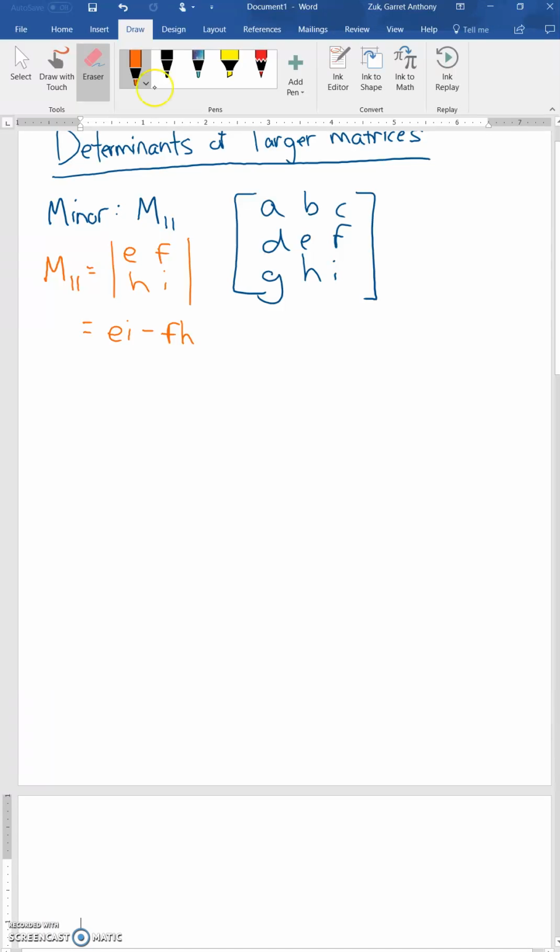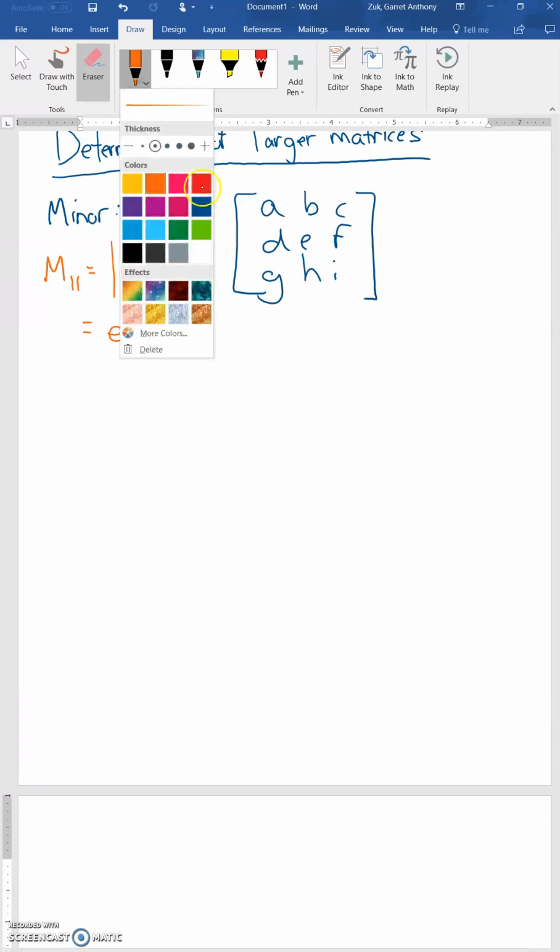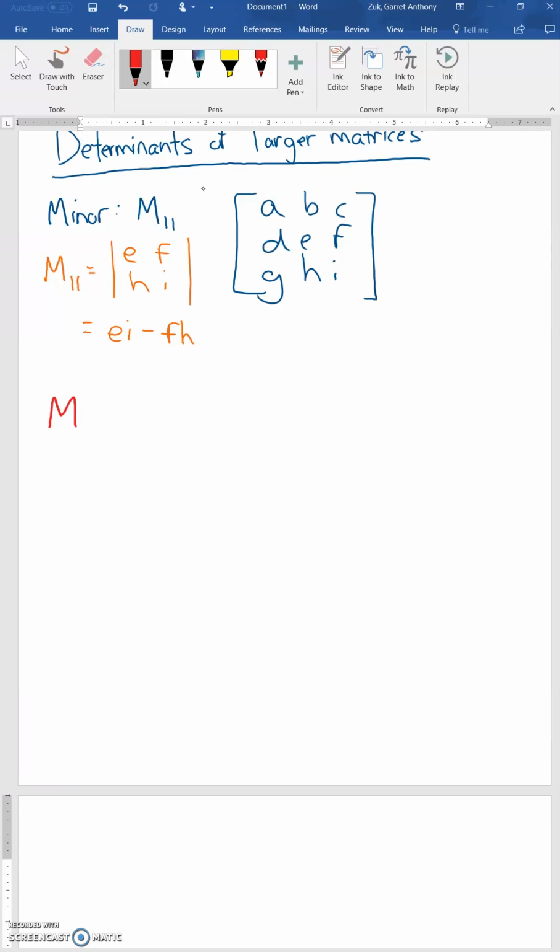Now let's say I want the minor at entry 2, 3. So now again, we're going to go over to the second row and the third column. So that's entry F here. We're going to get rid of its row and its column, and we're going to see what's left.